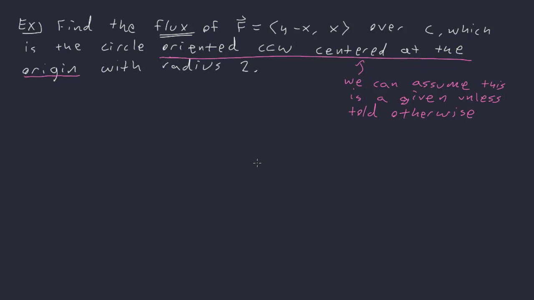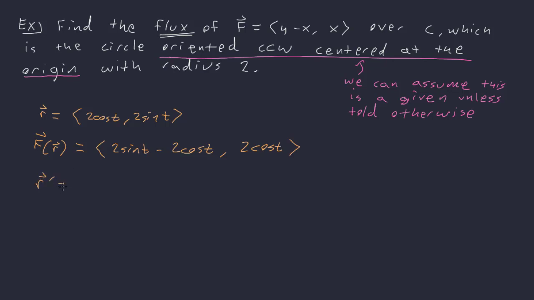All right, so if we were to do this the normal way, we'd actually have quite a process in front of us. First we need r, which will be ⟨2 cos t, 2 sin t⟩. Then we would need F(r), which would be the vector ⟨2 sin t − 2 cos t, 2 cos t⟩.